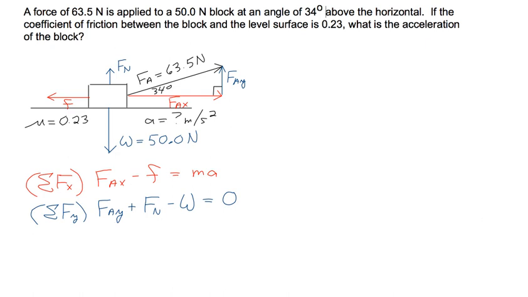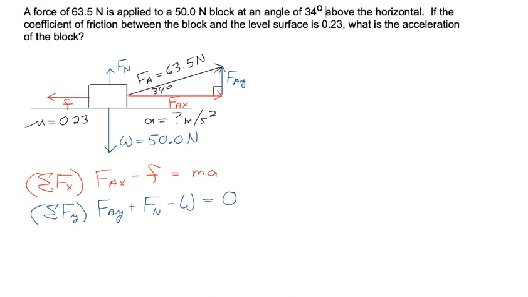Any questions with that? Okay, now we're just going to solve things like we have in the past, in the order that they can be solved. We have to first solve for the two components. And this is where you have to use right triangle trig. We have FAX. If this is my triangle, and that's the angle that I'm using as my reference angle, then what side of the triangle is that? That's the adjacent.